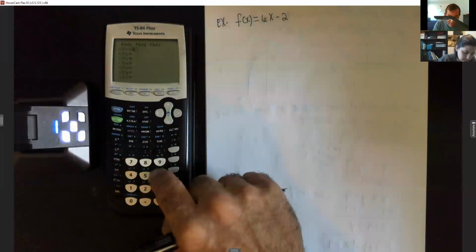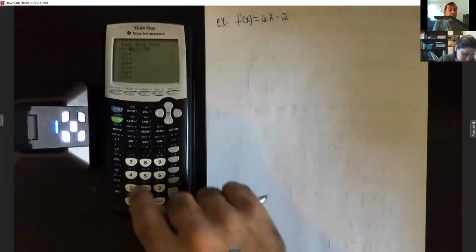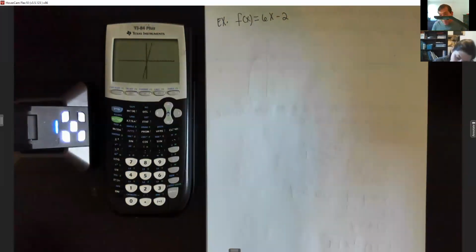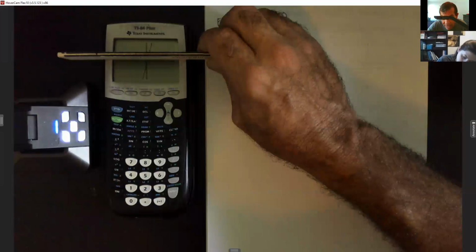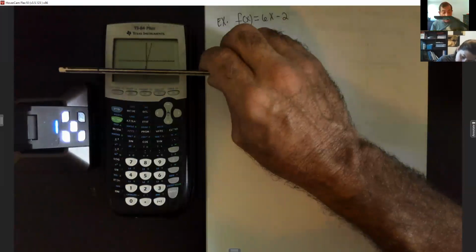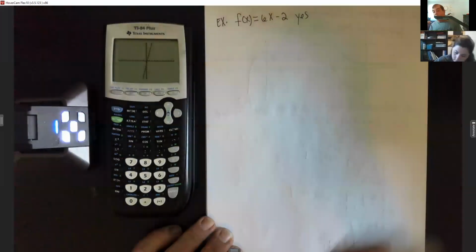So what I got, 6x minus 2. Let me graph that one. So it's a little steeper, but it's still a straight line going uphill. And if I come down with my horizontal line, I can tell that I'm only intersecting it once everywhere I go. So this is definitely, yes, 1 to 1.